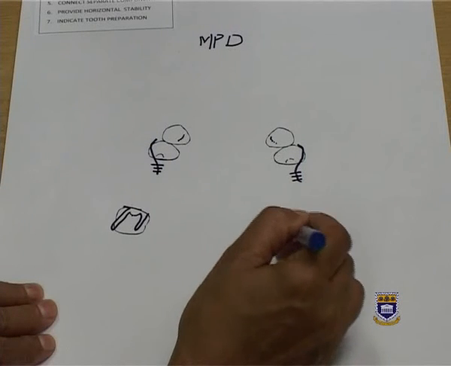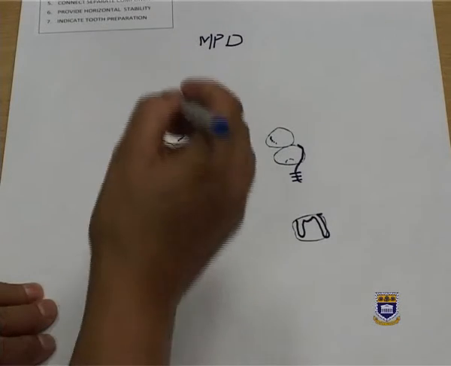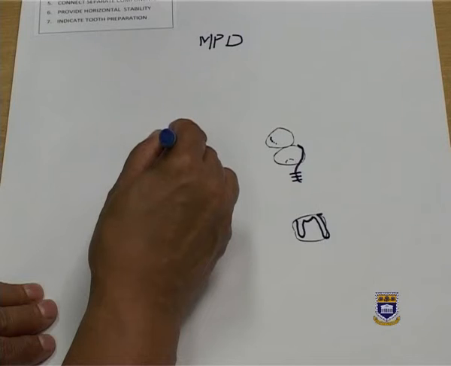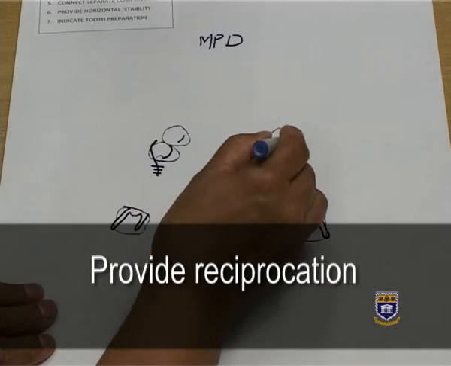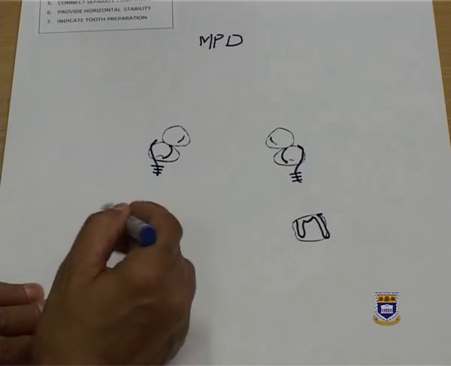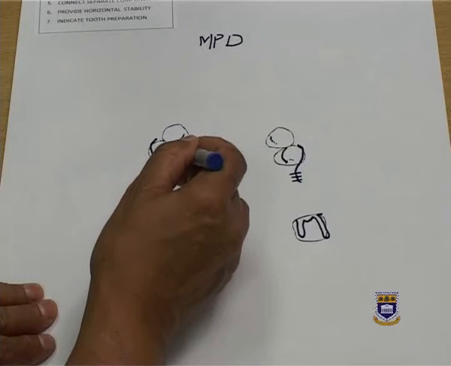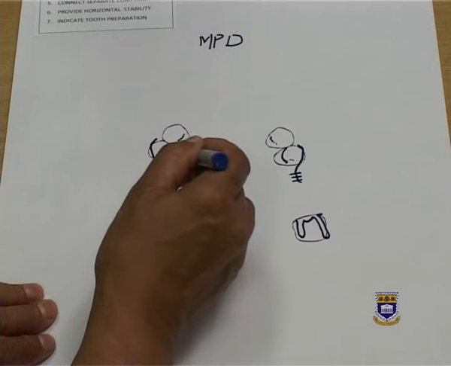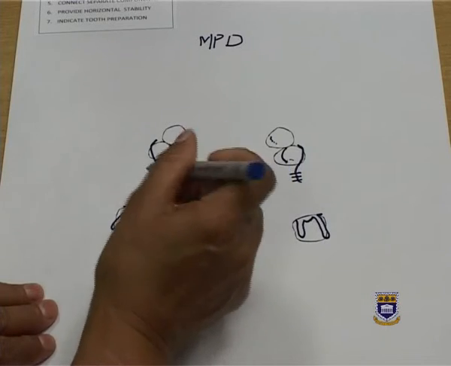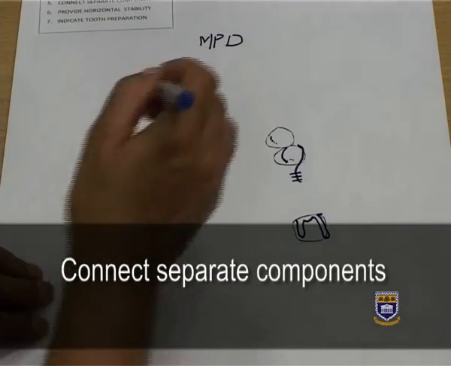Circumferential clasps are referred to when we use metal or chrome cobalt. Remember, when I do my clasp, I must always provide reciprocation. So unlike the circumferential clasp, which has its own reciprocation, my major connector or my metal in this design will provide reciprocation.